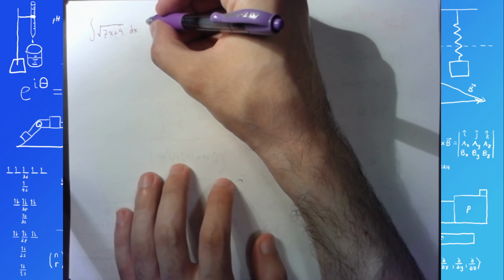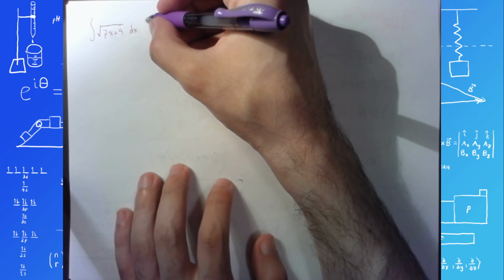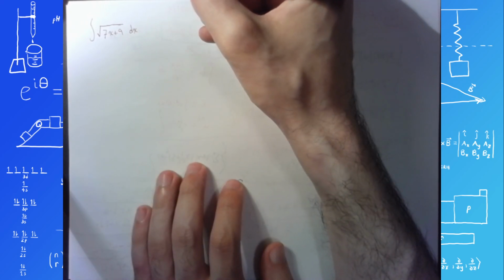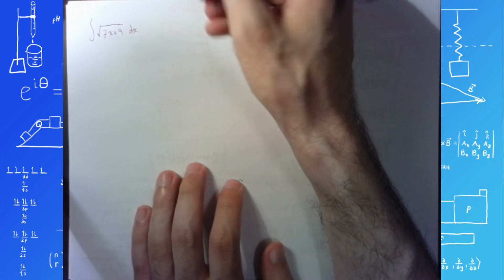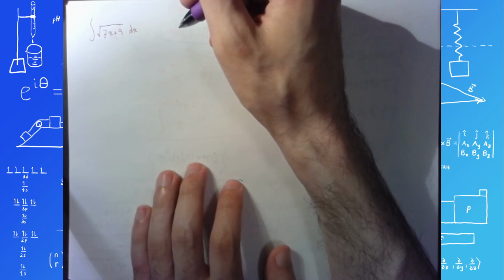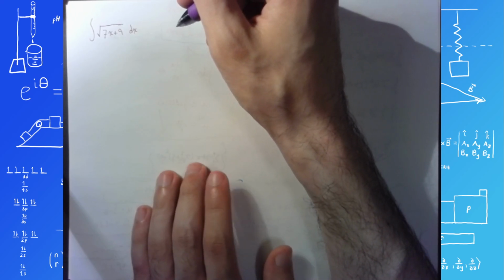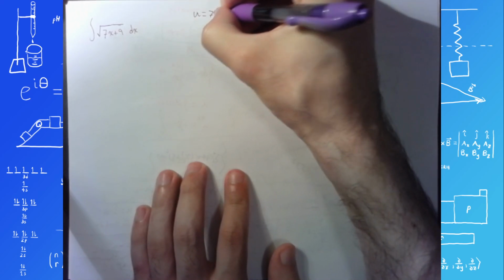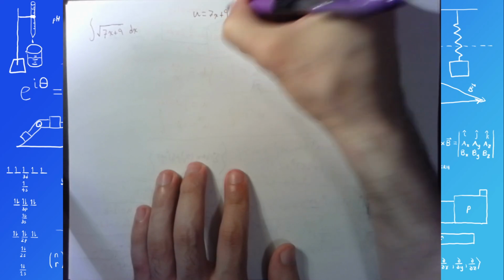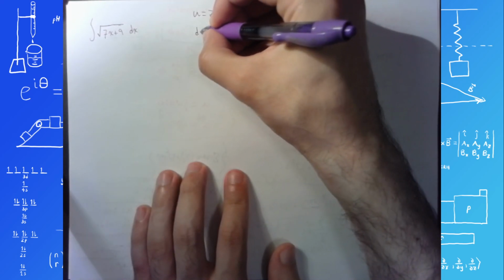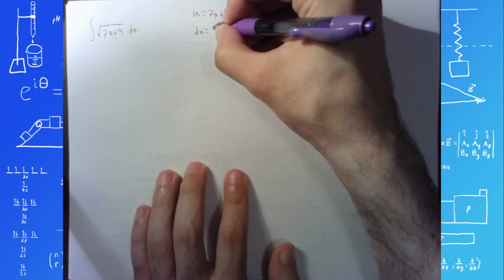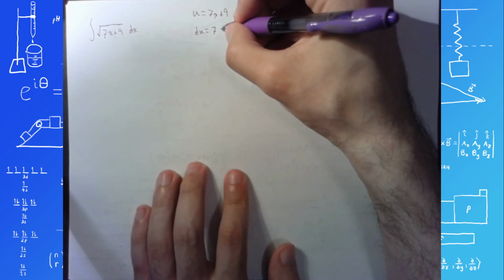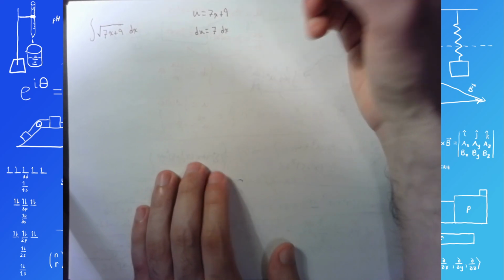Anyway, in this case, I just want to simplify what's inside the square root down to one term. I don't like having that plus 9 in there, but I do know the derivative of plus 9 is 0, so if I do u equals 7x plus 9, then I get du equals the derivative of 7x, which is 7, and then the derivative of 9 is 0, and then dx.